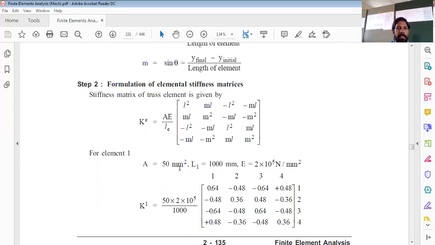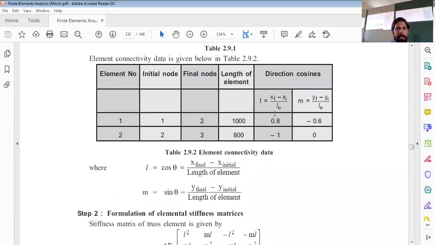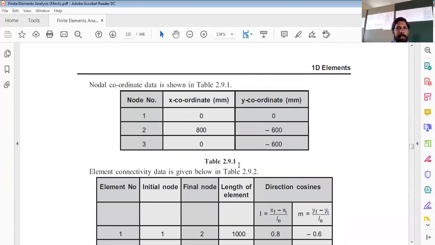Area of the first element is 50 mm square, length is 1000 mm, and Young's modulus is this. If you substitute the values and also the L and M of element 1, that is 0.8 and minus 0.6, you will get a matrix of 4 by 4.